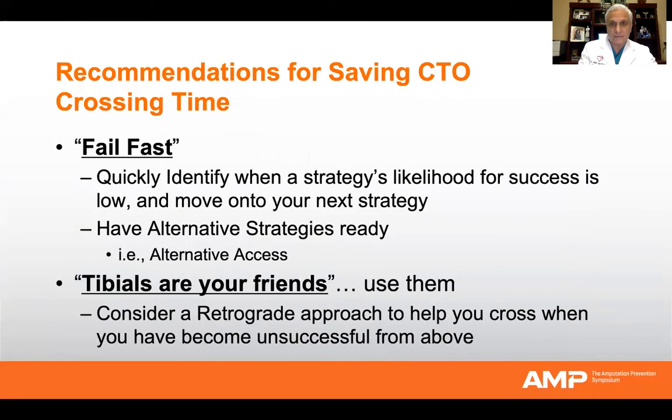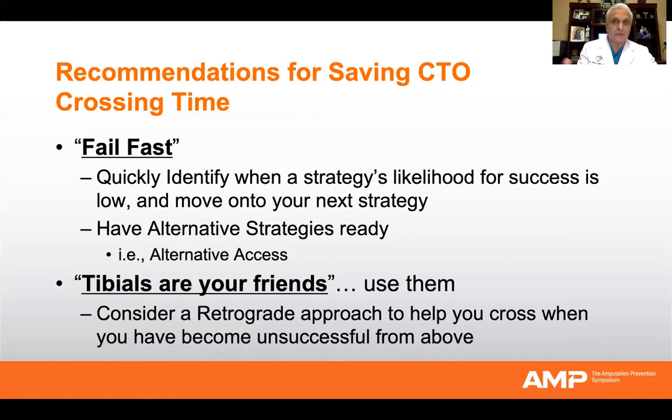We can use those. Now, my recommendation for crossing the CTO, first of all, is what we call fail fast. Once you are going through the CTO and you think you are unable to cross, don't spend much time, because you're going to waste time, contrast, and radiation. Just go to plan B. Fail fast, go to plan B.